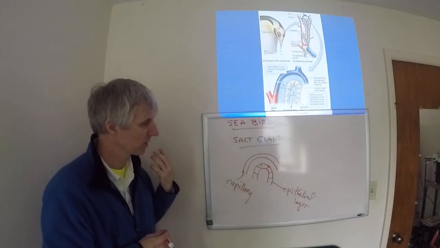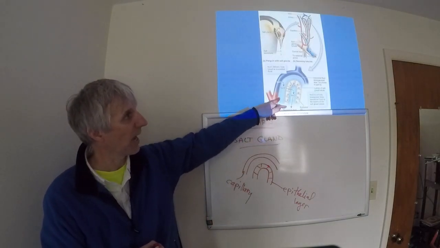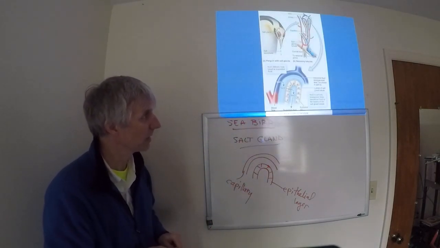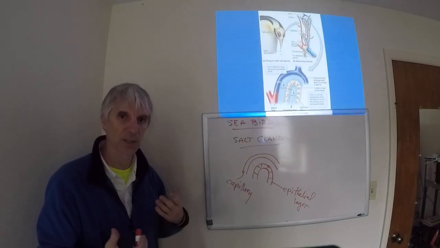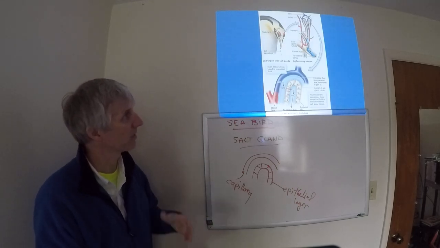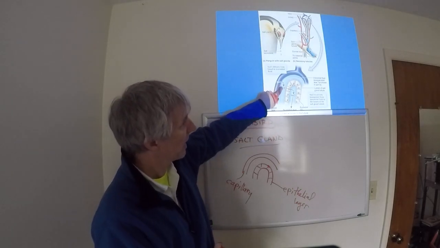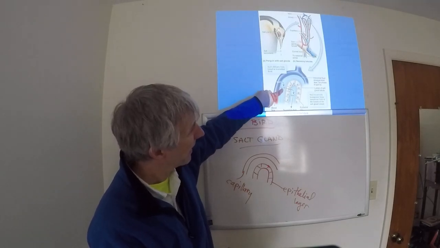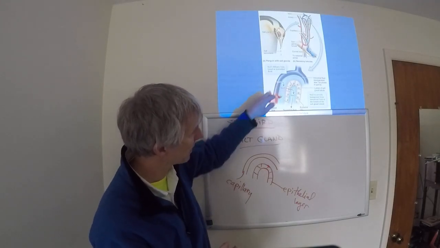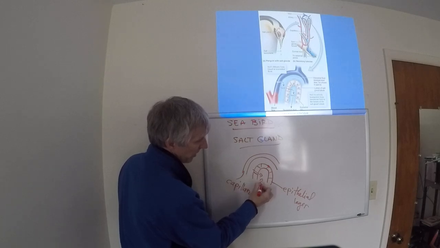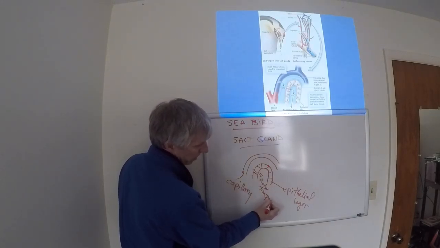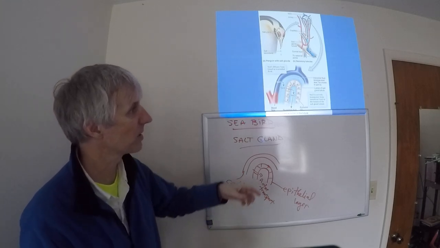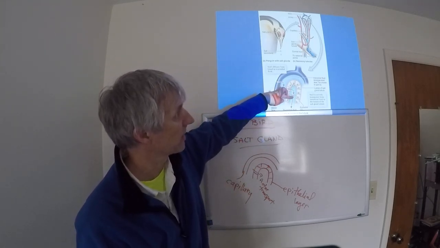The concentration of salts in the blood is much higher than it is in the interstitial fluid. These salts have come from the digestive system, right, when I consume things, and the salt is going to diffuse in. Then we've got these epithelial cells here that are going to do active transport to move the salt into this collecting duct.